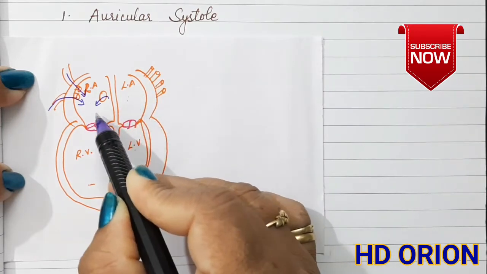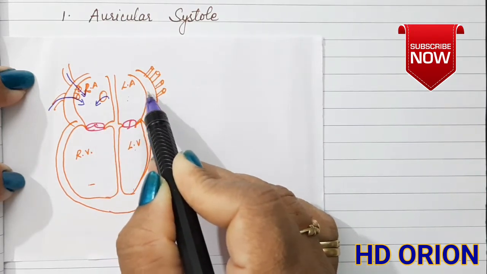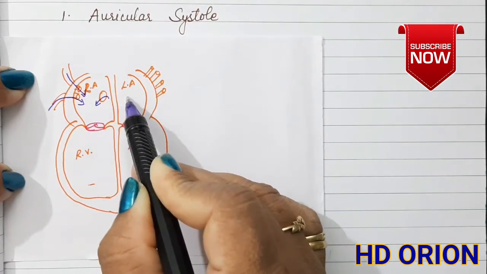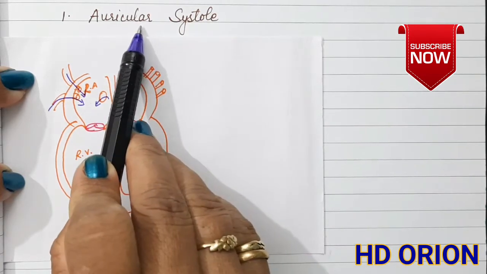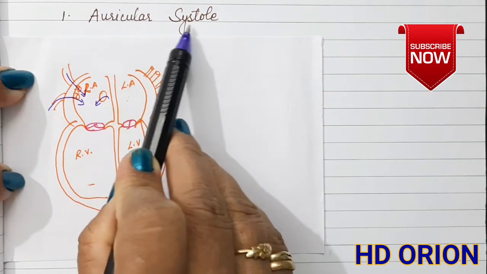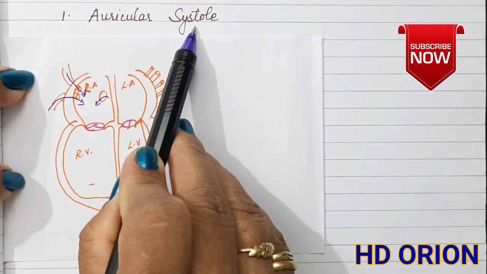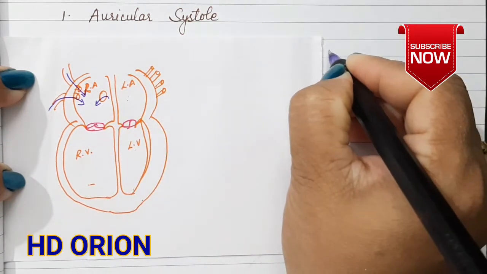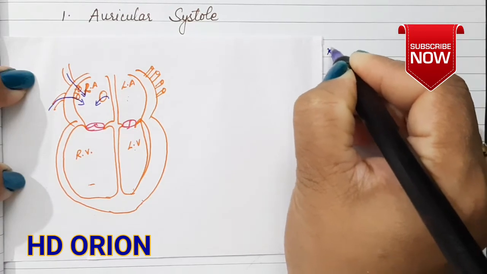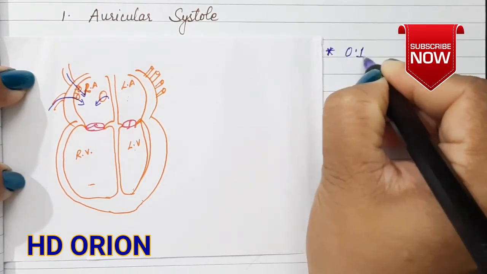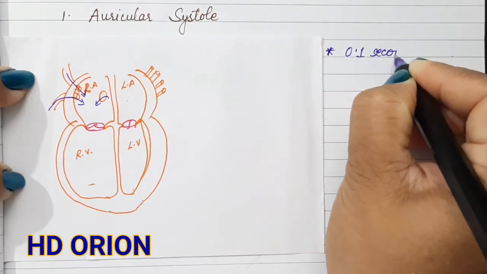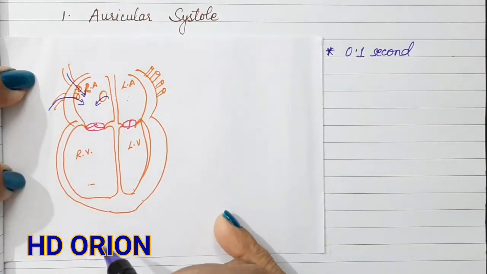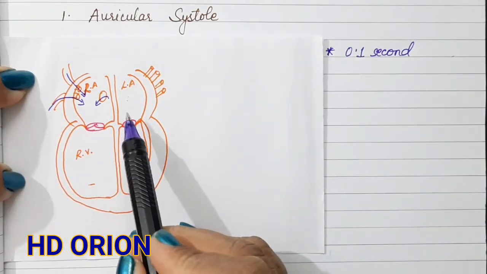The pressure builds up and the two auricles contract, which is the first step that we call auricular systole. This completes within 0.1 second. The duration of this event is 0.1 second. What completes in 0.1 second?